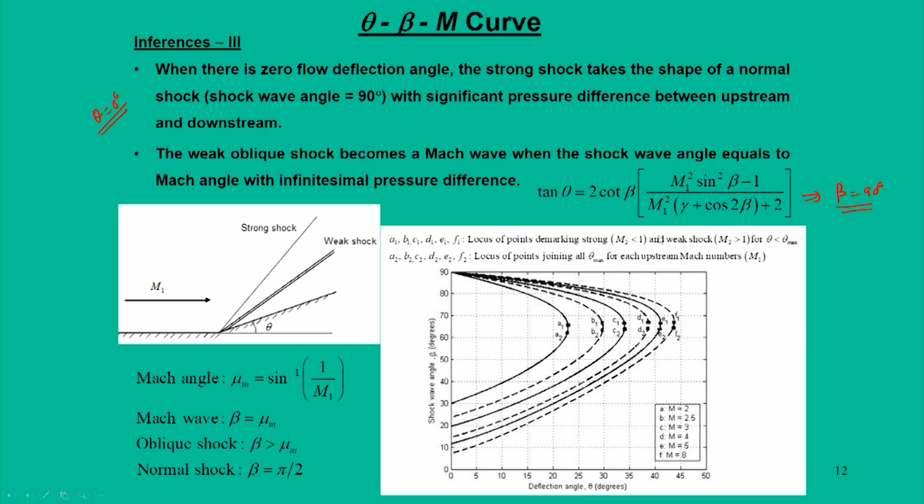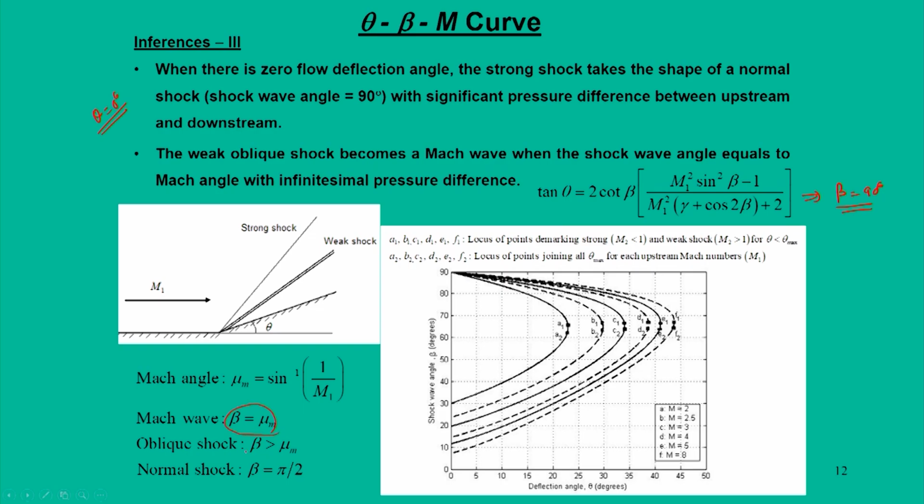So, this resembles a strong normal shock with significant pressure difference between the upstream and downstream. A weak oblique shock becomes a Mach wave when the shock wave angle is equal to Mach angle, when beta is equal to mu.